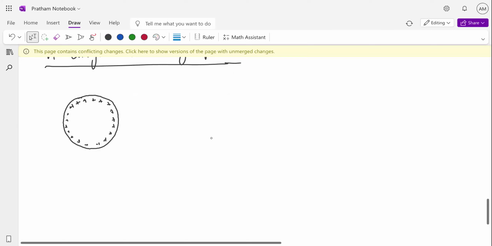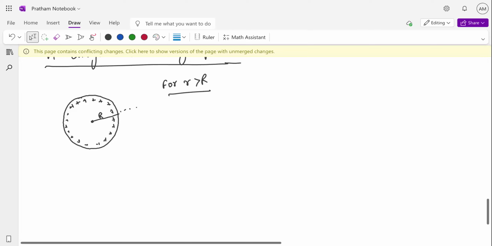If I go outside, let's calculate for r greater than R, where R is my radius. That means I'm trying to calculate the potential at other points.